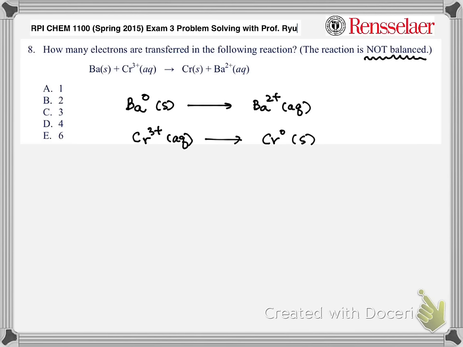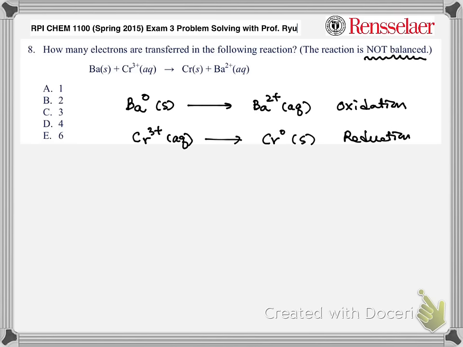So the chromium oxidation number changed from plus 3 to 0. So the oxidation number was reduced, so that's a reduction, whereas the barium was 0 to 2 plus, so that's an oxidation.